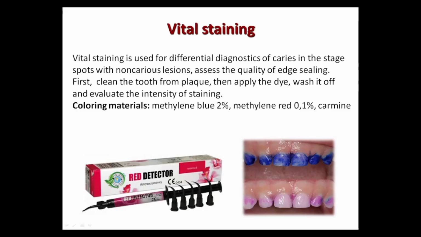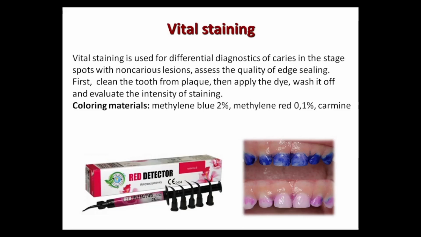Next method, we continue additional, vital staining. Vital staining is used for differential diagnostics of caries in the stage of spots with non-carious lesions, and to assess the quality of edge sealing.